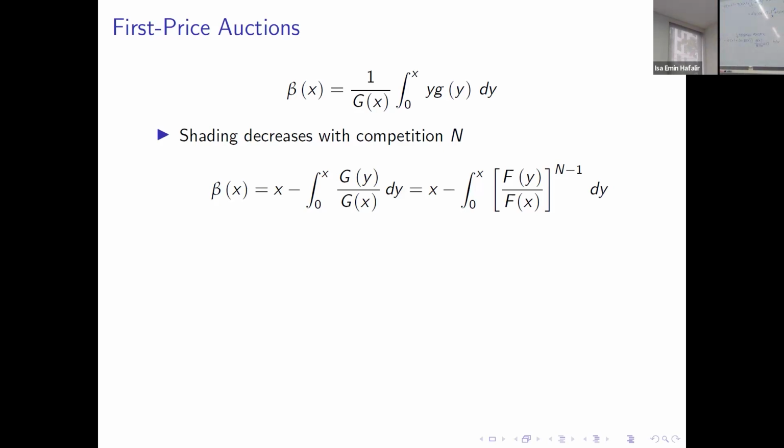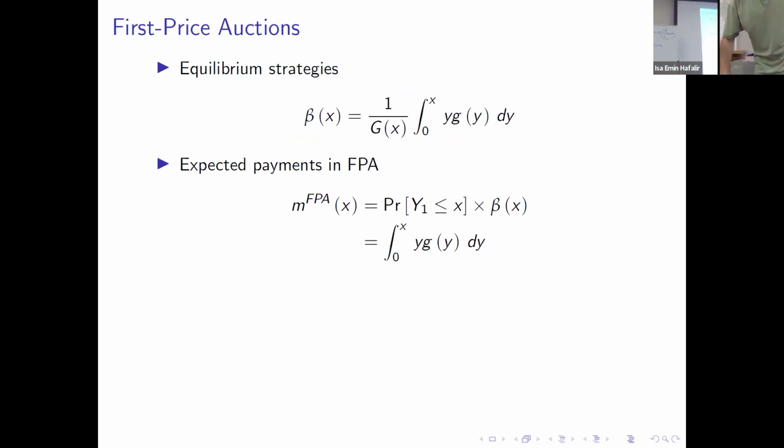Because F(y) divided by F(x), remember x is constant here, and F(y) is increasing up to F(x). If you take the power n minus 1 of this, it's going to get smaller and smaller, and therefore your bid shade will be smaller and smaller as n gets larger. It will never get to 0, but you will bid more and more as n gets larger, which is easy to see from here.